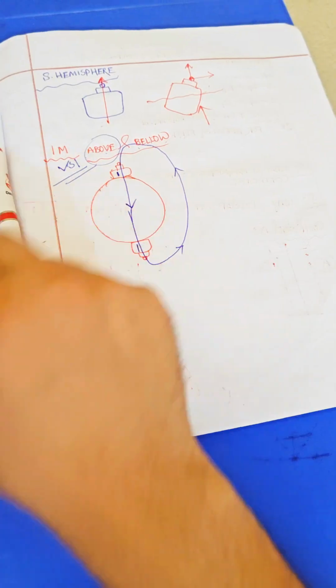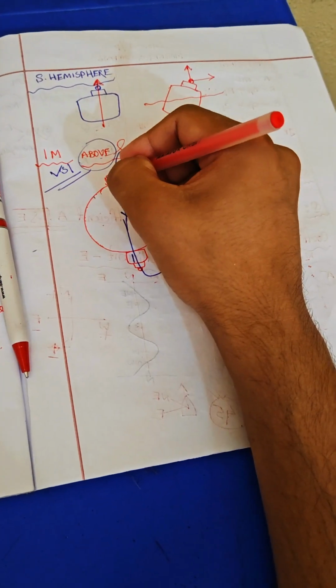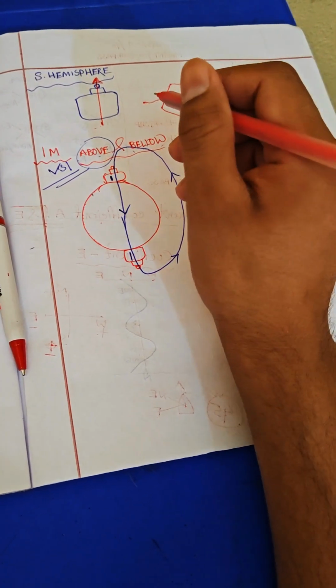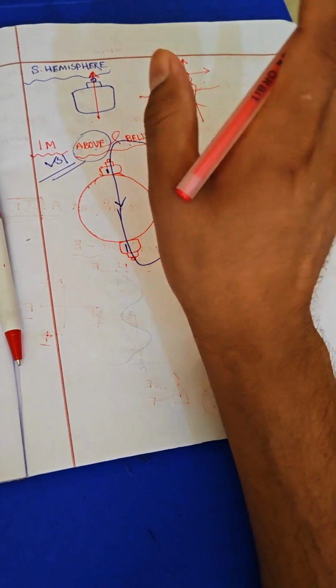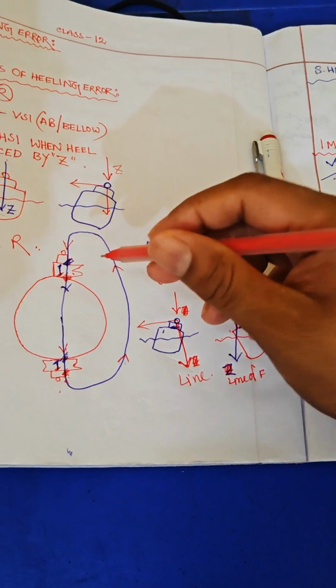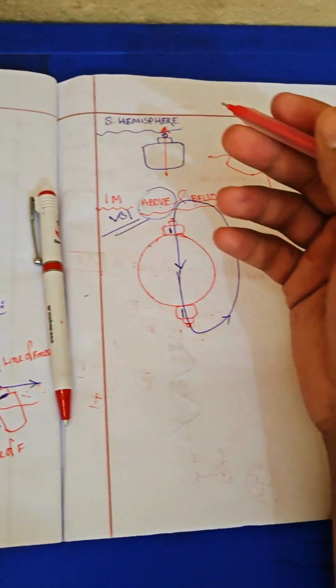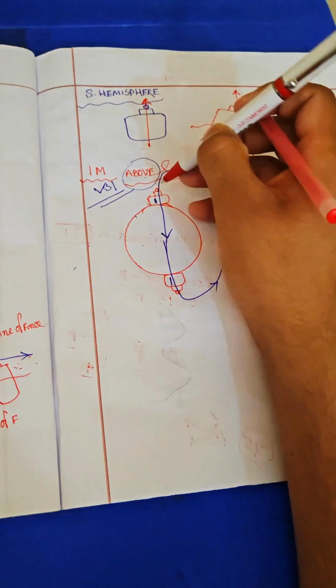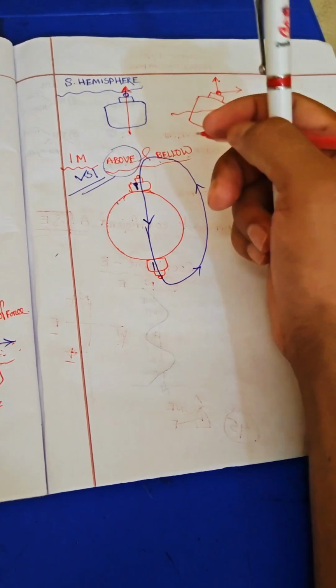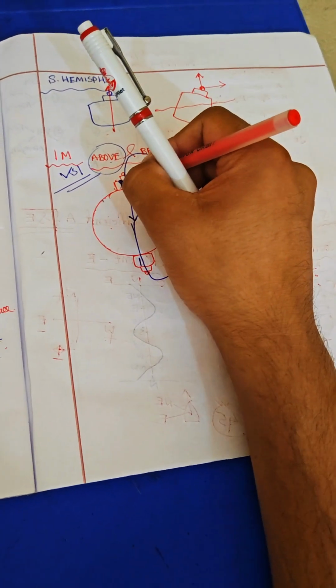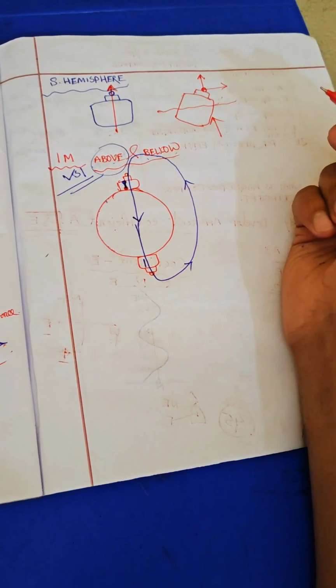If I put one BSI here, the way the line of force goes in, that is the blue side, correct. And here also the line of force passes in, that will be the blue side. So this side of the BSI is the blue side, and the bottom is the red, correct.